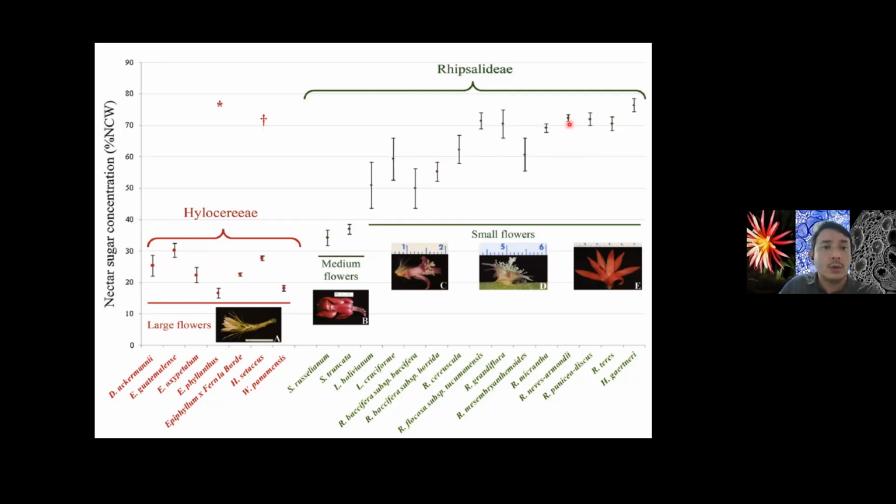And it has been known that the quality of the nectar is related to the diet of the visitor, or the ability of the visitor to feed on the flower or take the resource as the nectar, for instance.